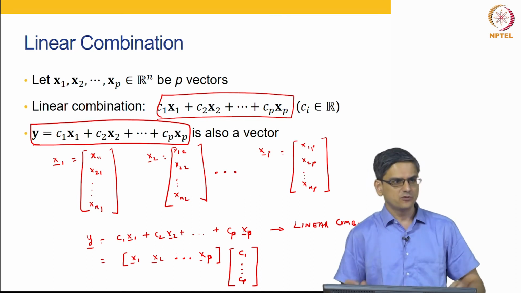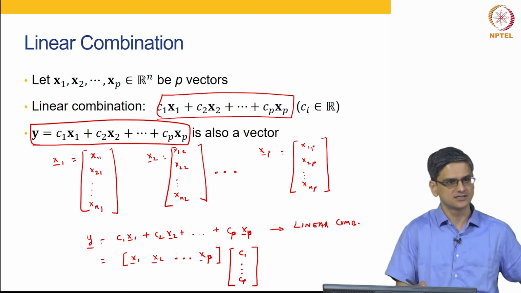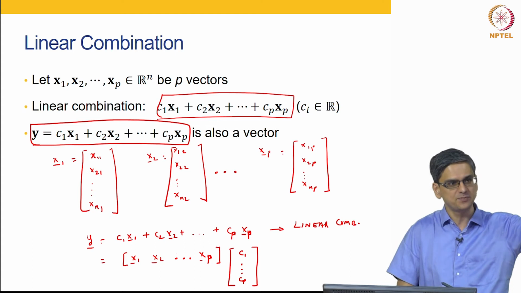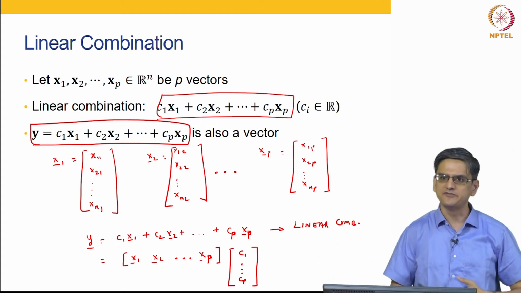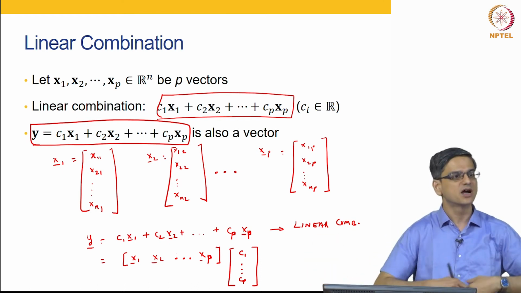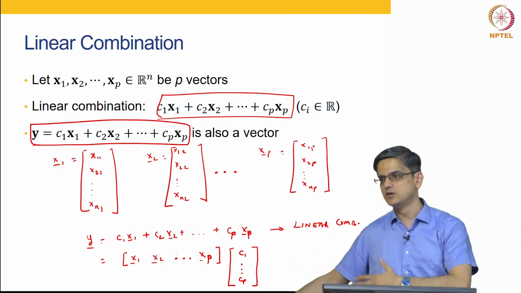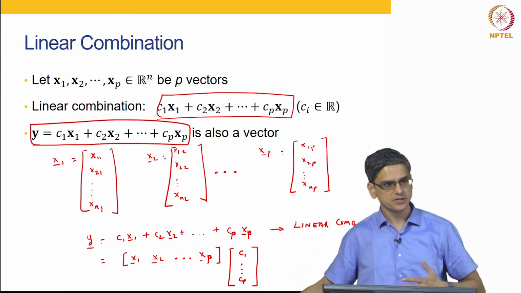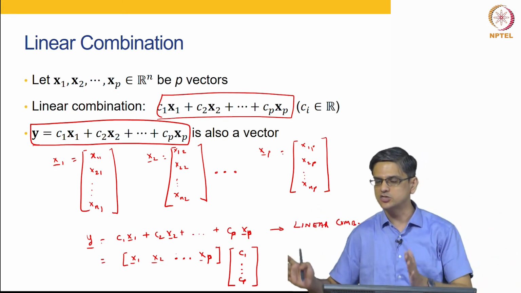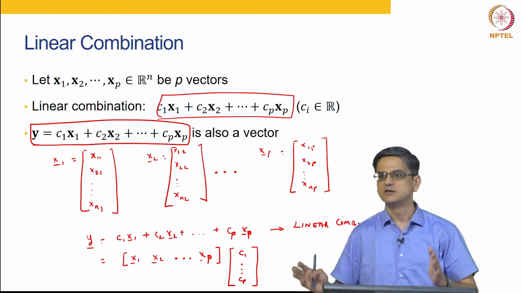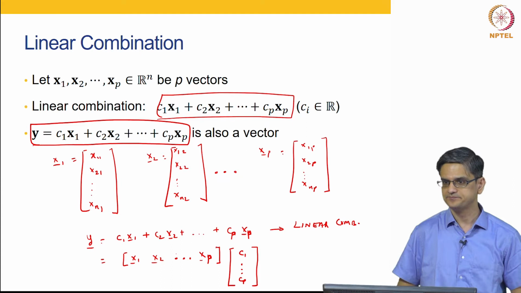If we take c1 as 1, c2 as 2, c3 as 1.5 etc., that y is one specific vector. But if we let c1, c2, c3 vary arbitrarily, that becomes a family of vectors. For all possible values of c1 to cp, the entire family of vectors will constitute a vector space. That vector space is called span of those p vectors.